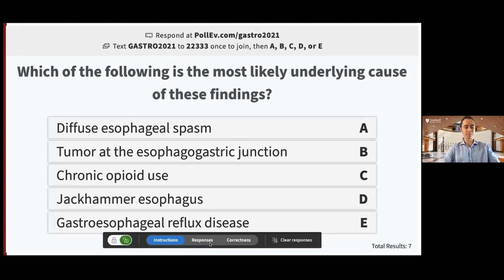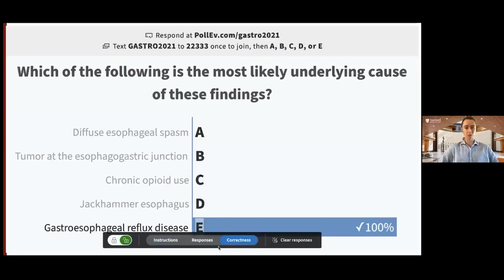Okay, so why don't we move forward and review the answers. So all the respondents able to respond chose gastroesophageal reflux. Here we have 1 respondent, a couple more responding A. Okay, now we're capturing some more answers. This is good.